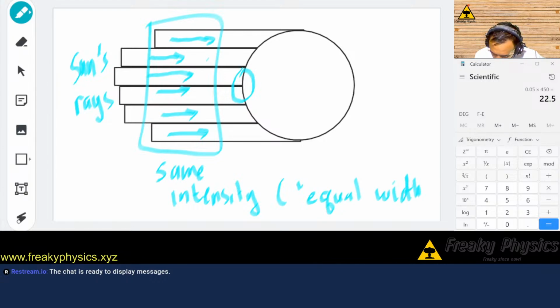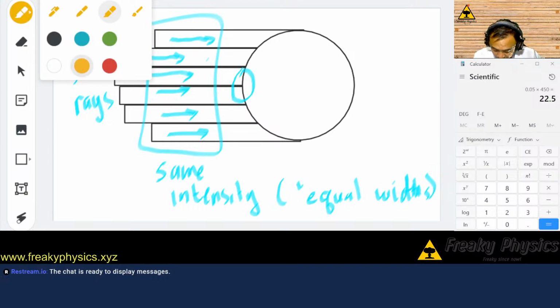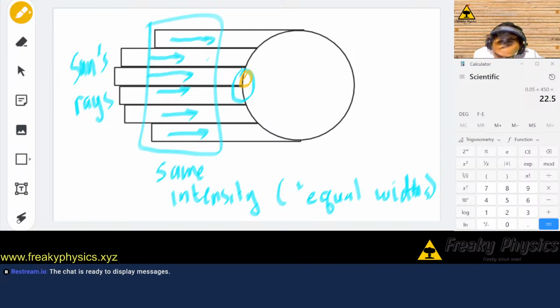Now, when the sunlight gets to the Earth's surface, at this particular point, it's still more or less the same intensity, right? So if the intensity here was I, the sunlight reaches this portion of the Earth with an intensity I. But if you look at these regions, that intensity gets spread out, or all that light gets spread out on that area of the Earth.